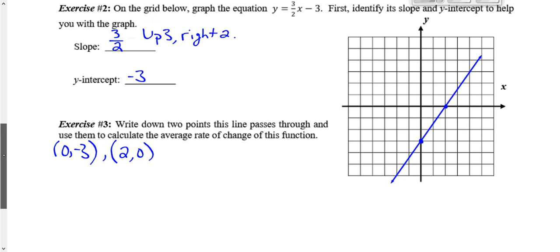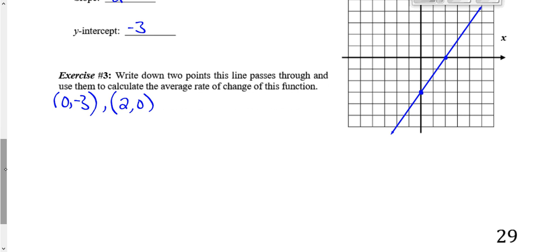So now let's do our rate of change. Let's do the delta y over delta x, right? Do we have 2 y values? Okay, so delta y is the difference in y's, right? So y2 minus y1, the second one minus the first one. You've seen this before, right? Over what?